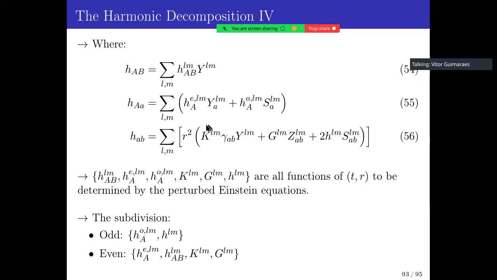This is multiplying an even function, so it is even. And this is multiplying an odd tensor, which is why it is odd. So the subdivision is very intuitive. If you know which of these are even tensor spherical harmonics and which are odd, you can subdivide the functions accordingly, right?